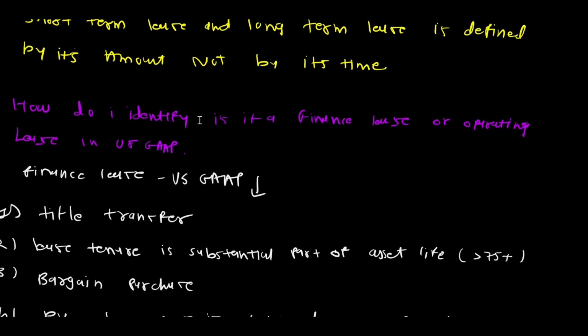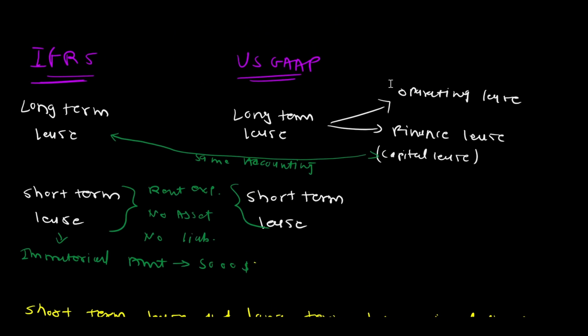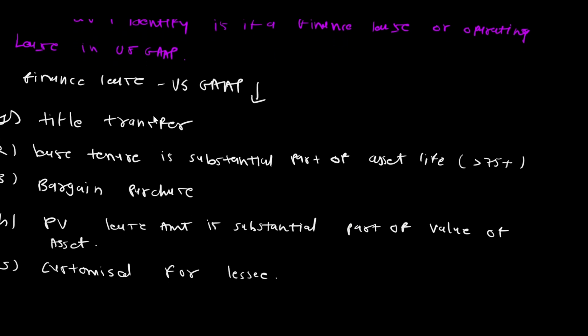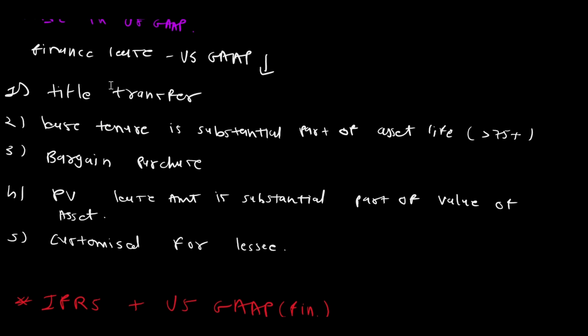How would I identify if it is a finance lease or an operating lease in US GAAP? A finance lease has these conditions. In the agreement, there would be a title transfer. Second, the base tenure is a substantial part of the asset life, for example more than 75% of the asset's life.